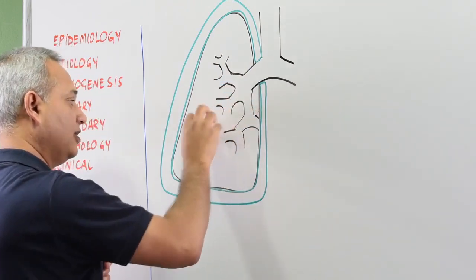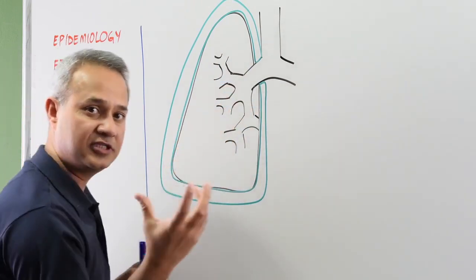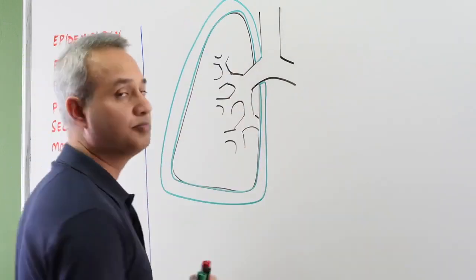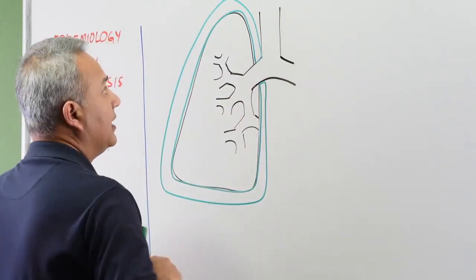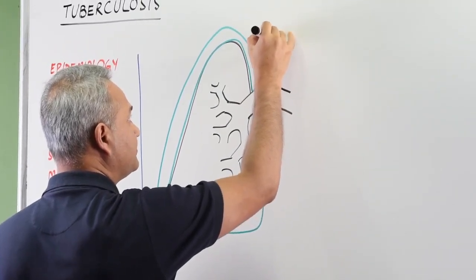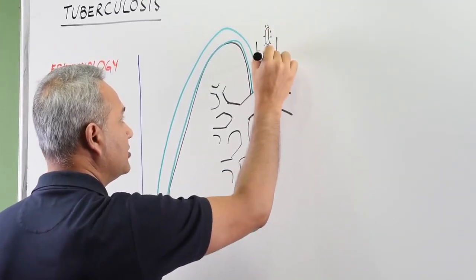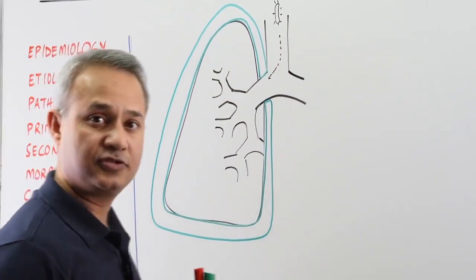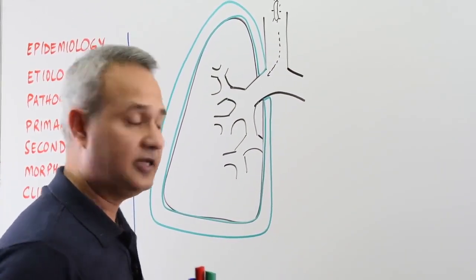This is the airway, and of course it would continue to divide till it reaches the respiratory zones, and then the rest is the lung parenchyma. Imagine that the pathogen comes in, so this is the pathogen. The pathogen comes into the lung and attaches to the epithelium.